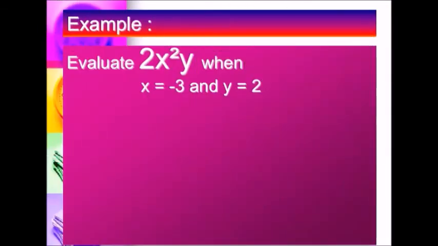2x squared y, evaluate if the given value for x is negative 3 and y equals 2. So, again, first step is to replace. So, 2 times x squared times y po, yan. Sunod-sunod na sinulat, so that is multiplication. Therefore, when we replace, hindi siya magiging 2 minus 3 squared.